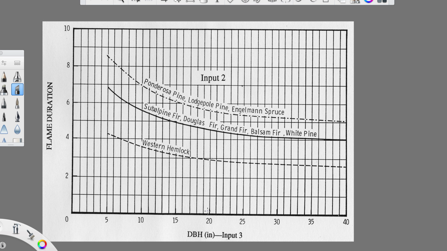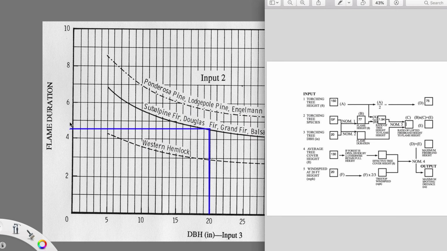Again, we have a 20-inch diameter, and we're going to go up to the grand fir turn line right there, and we'll take it across. Looks right at 4.5. So we can punch that in as 4.5 as our flame duration.